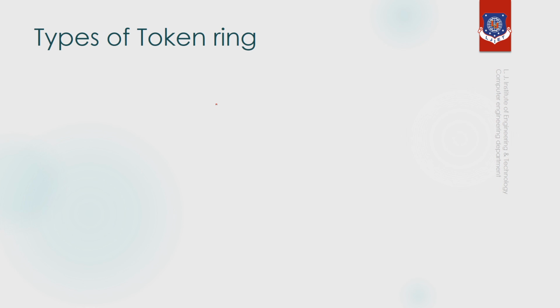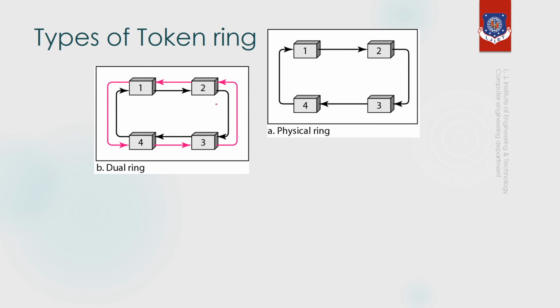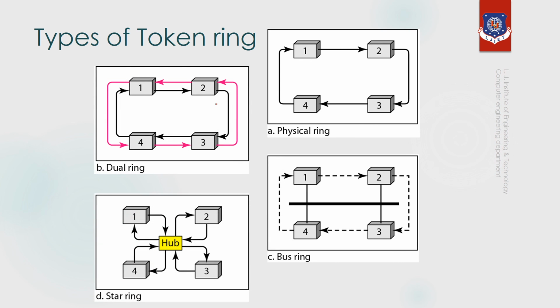There are different types of token rings such as physical ring, dual ring, bus ring, and star ring. In the physical ring, all the devices are connected to each other in this manner. 1 is connected to 2, 2 is connected to 3, 3 to 4, and 4 to 1. In the dual ring, there are 2 rings.